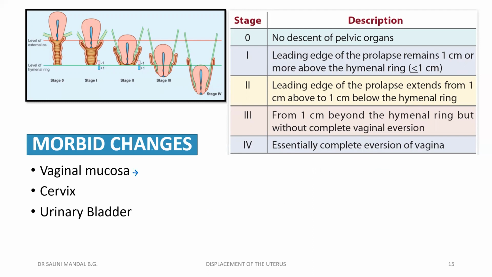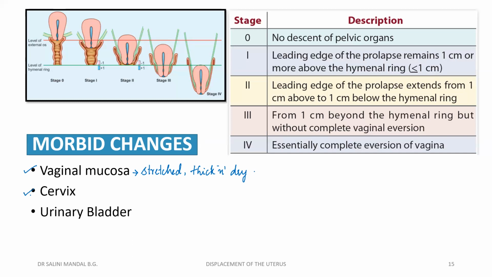Remember that the vaginal mucosa will become stretched, and if exposed to air, it becomes thickened and dry with surface keratinization. So, this is about the vaginal mucosa.